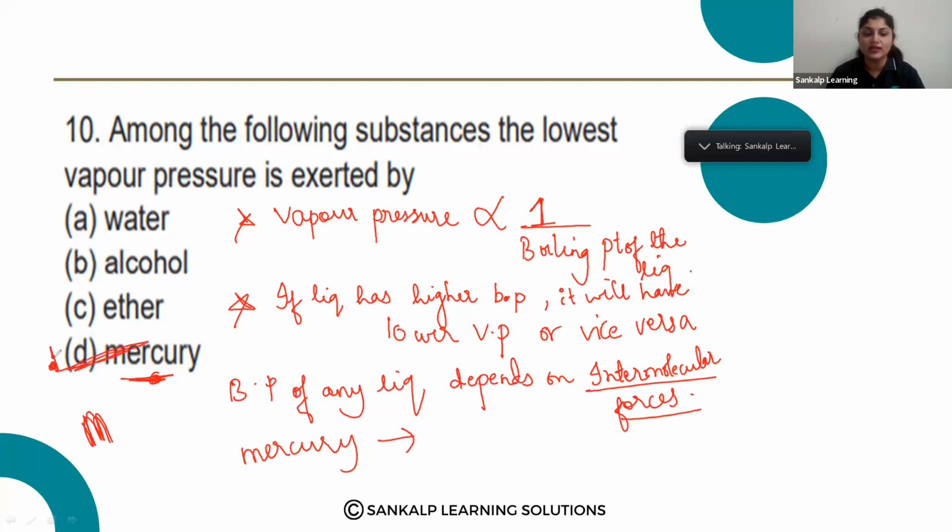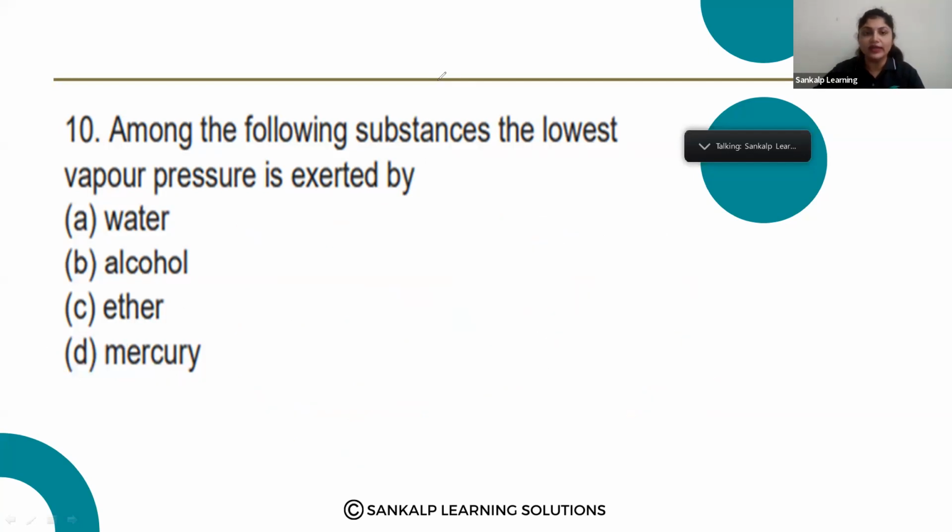So mercury is the correct answer. As mercury has a higher boiling point, it will exert lower vapor pressure. So the answer is D. Understood? So we'll go for the next MCQ.